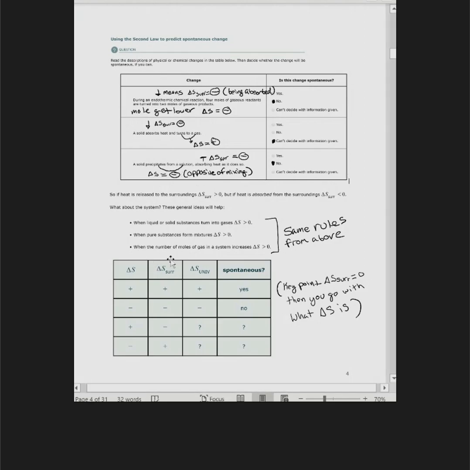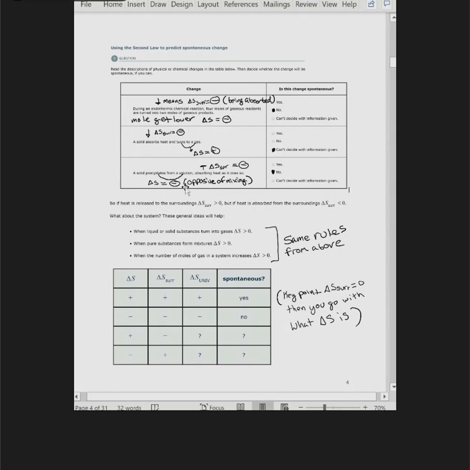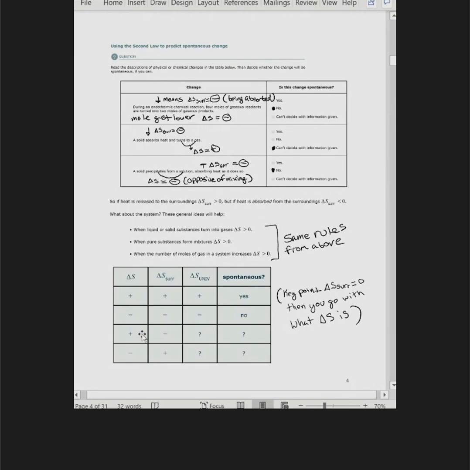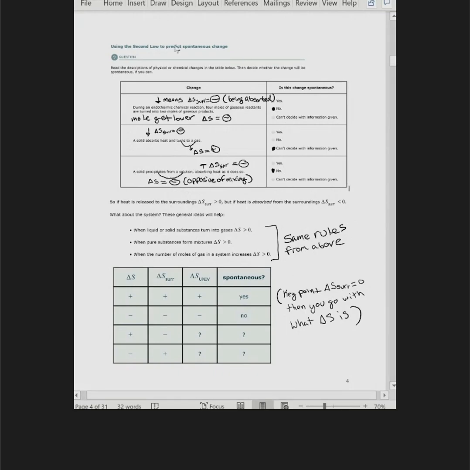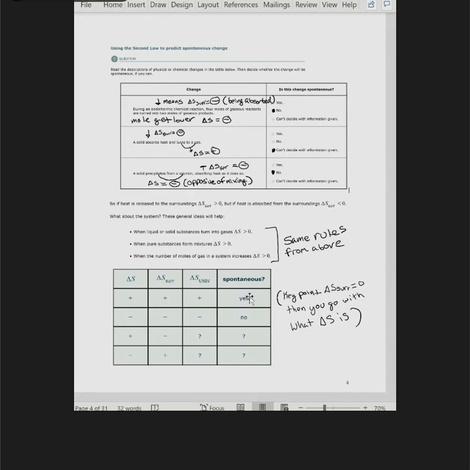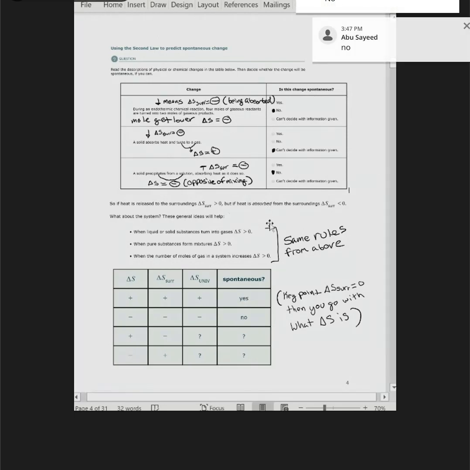And what that means is you're decreasing the system, right? Opposite of mixing is a solid coming out of the solution. So that's also going to be negative. So we have two negatives, so then this answer is going to be no. Any questions on this? Okay, pretty straightforward.